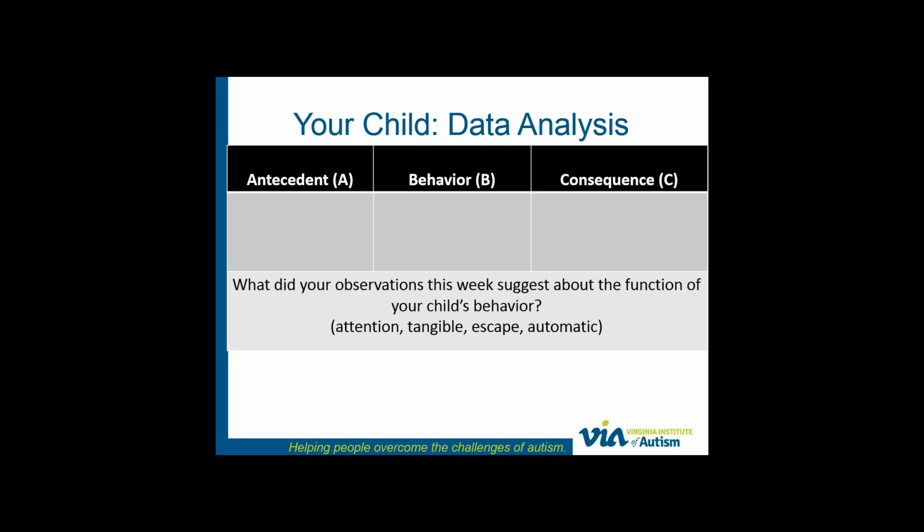So what consequence did he get for doing well with that? Praise from me. So praise from you. That's kind of how I would split that story you told about the timer. So now instead of the warning being on the consequence side, the warning's on the antecedent side. And he got the attention for doing an appropriate behavior instead of the tantrum.